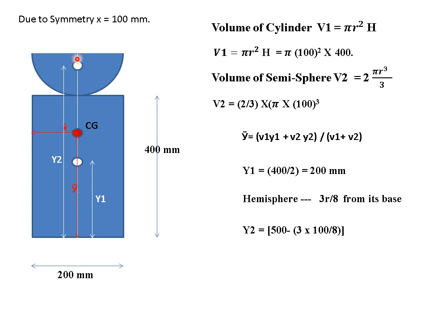So I know this is 3r by 8. So 500 minus 3r by 8, I will get the distance y2. I want this distance y2. I'll repeat it again. See, total height from here to here, how much it is? This is 400 plus this 100, 500. Now total is known. If I deduct this much, I will get remaining y2. So this is known, 3r by 8. Deduct it, you will get y2. Put these values in the equation, you will get the answer.